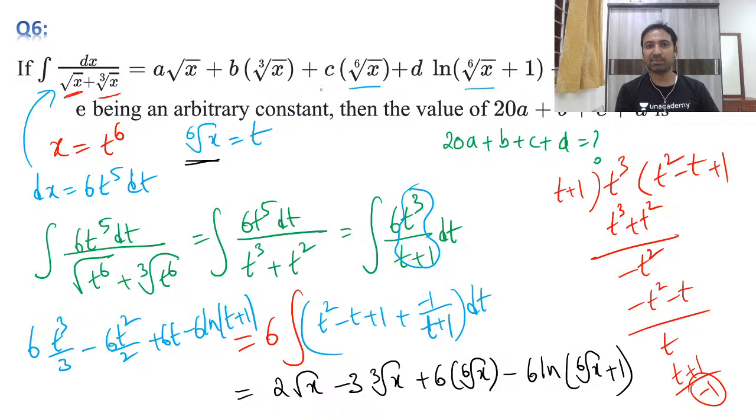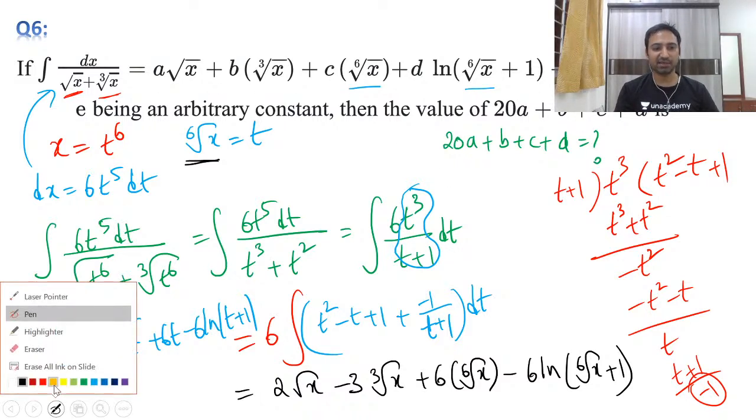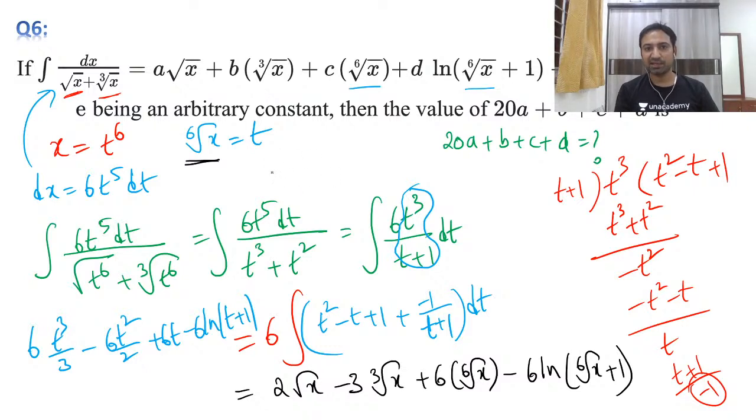So if you compare with this, I can calculate the A, B, C values, guys. What are the values? Tell me. I'm getting A equals 2, B equals minus 3, C equals 6, and D equals how much, guys? D equals minus 6.